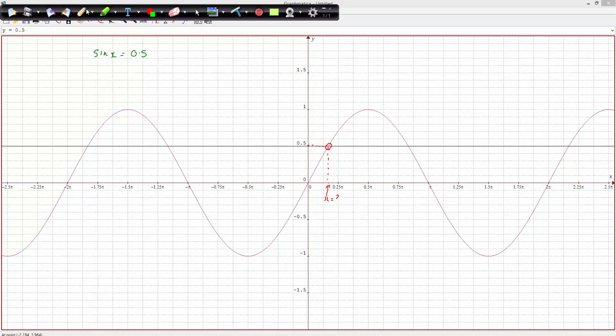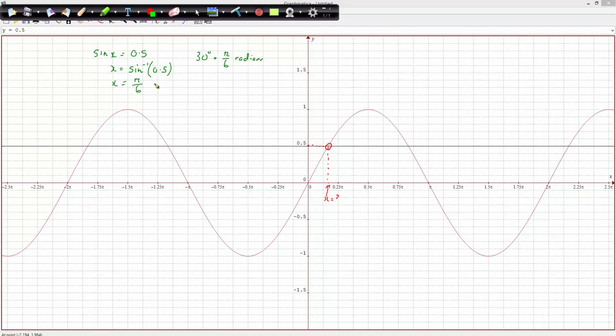That solution can simply be found by taking the inverse sine of 0.5, and in degrees you'd find that x is equal to 30 degrees. And 30 degrees is equal to pi over 6 radians. So our solution is pi over 6.